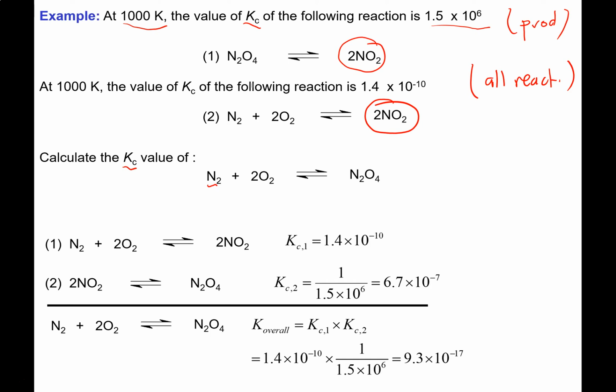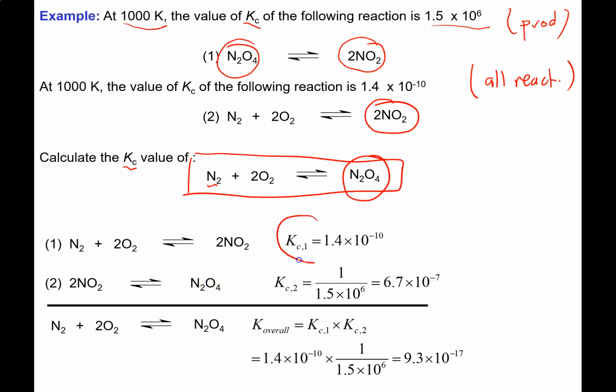So what I recognize is I'm going to combine 1 and 2 to get this one. So I'm going to take 2 unaltered. So there it is, I'm just writing that out. And then what I'm going to do is, because I want N2O4 to be a product in my overall reaction, I'm going to flip reaction 1. So this is going to be 2NO2 in equilibrium with N2O4. So this equilibrium constant here gets written unchanged because we didn't do anything to it.